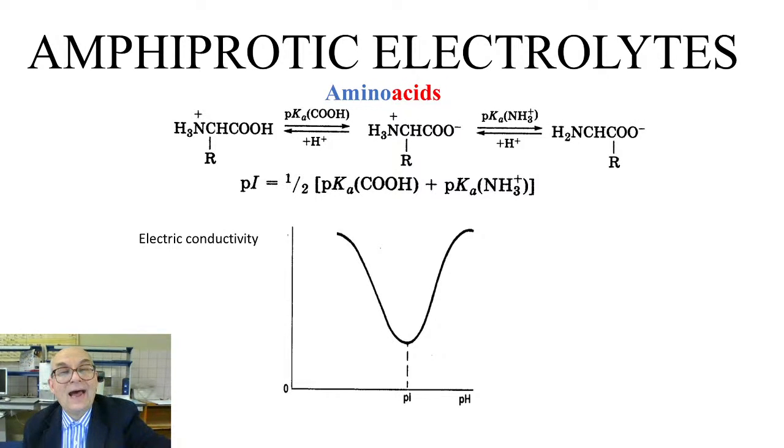But if I add any alkali, any weak or strong base, to the original solution of amino acid, it means that added hydroxide anion is a strong acceptor of the proton.